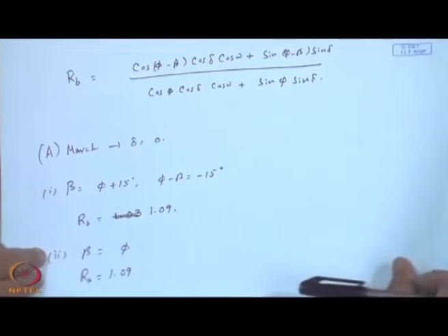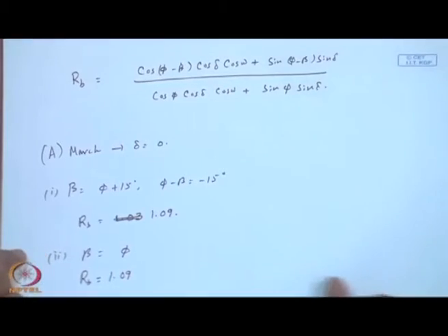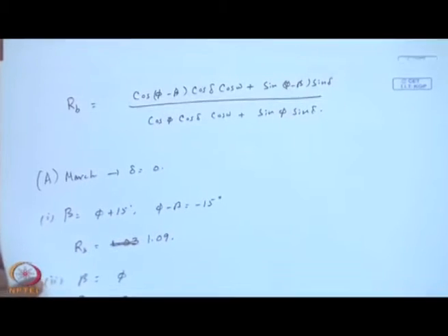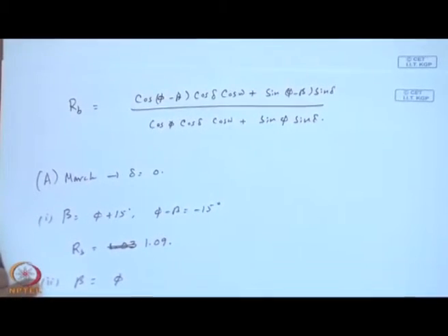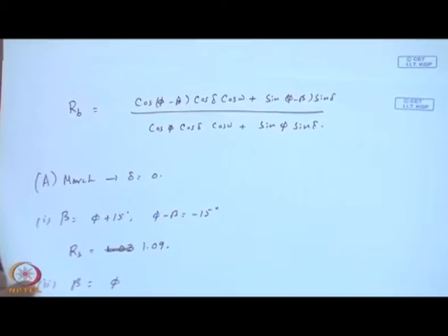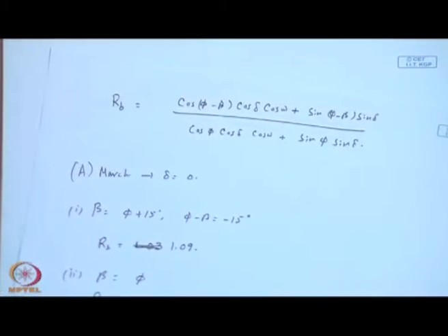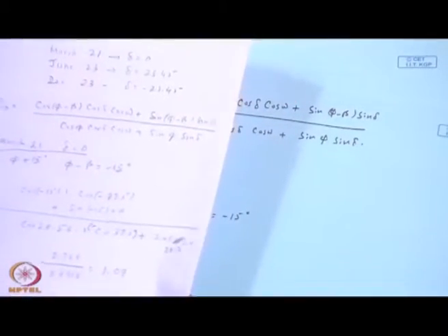Okay, we can check up that arithmetic a little later. Yeah, for different reasons it will turn out to be the same. You can just check, because delta being 0 or phi minus beta being 0.